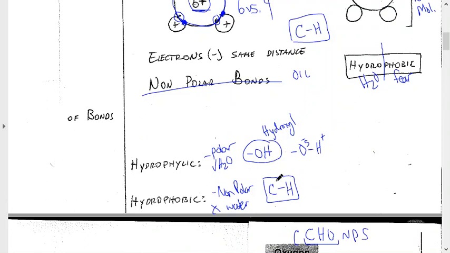So that's kind of the indicators to look for when you're trying to figure out the behavior of a molecule. And this is going to be an important concept that comes up over and over again. These types of bonds are very common in oils, which by experience we know do not dissolve well in water.